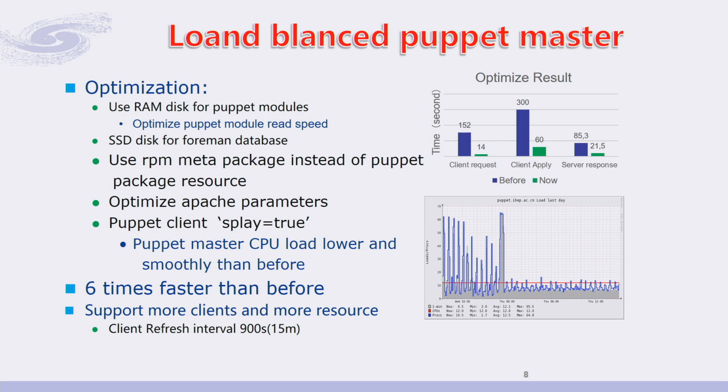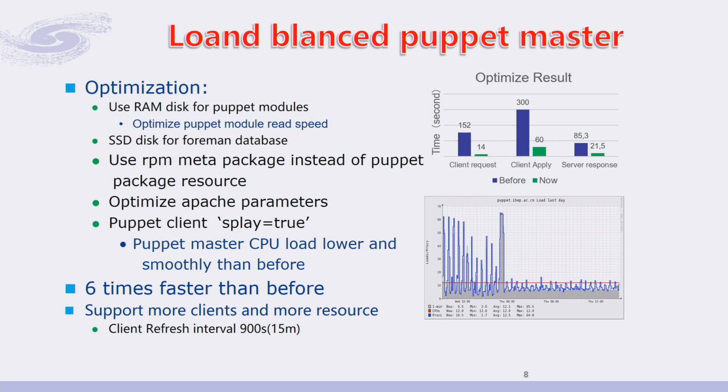If we didn't use the RPM meta package, it would take a very long time for the Puppet master to compile the Puppet module, and for the Puppet client it would take a very long time to check the 1,000 packages. If we use the meta package, it will just spend time in the first installation, and then it won't need to check anymore.